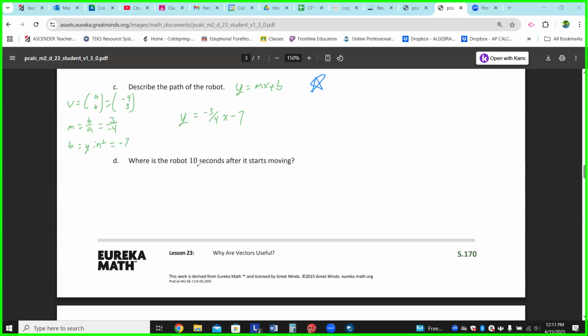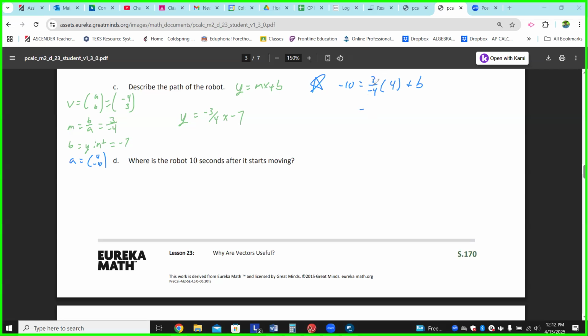What was our original point? -10. I would take this point and say -10 represents my y. My m I can still get from my vector, so that's still going to be 3 over -4, and then my x was 4, plus b.